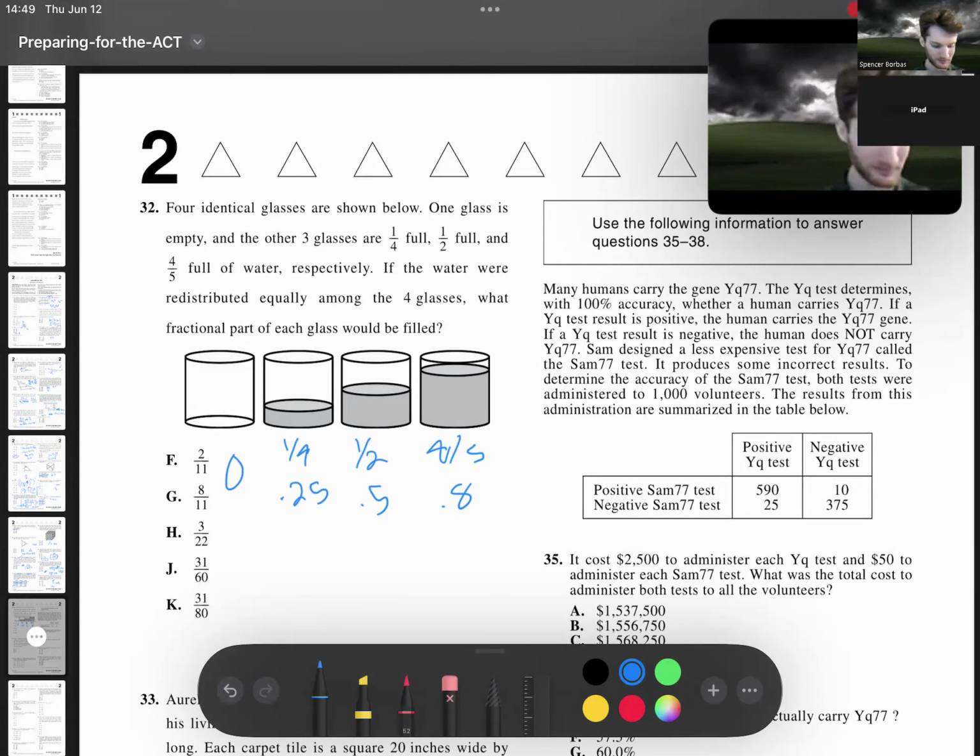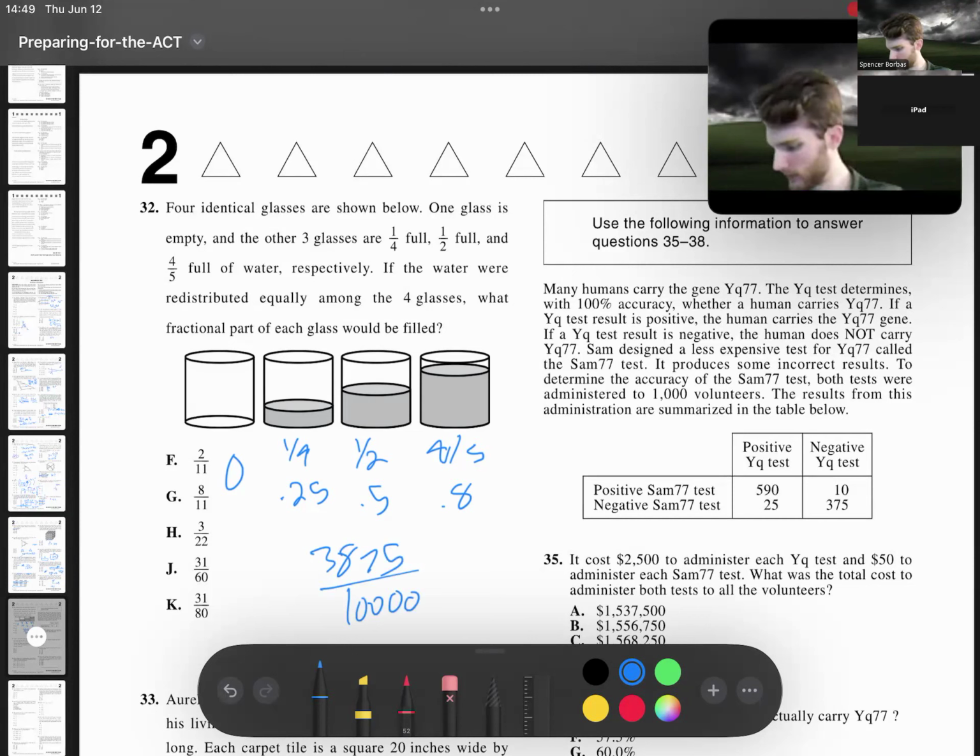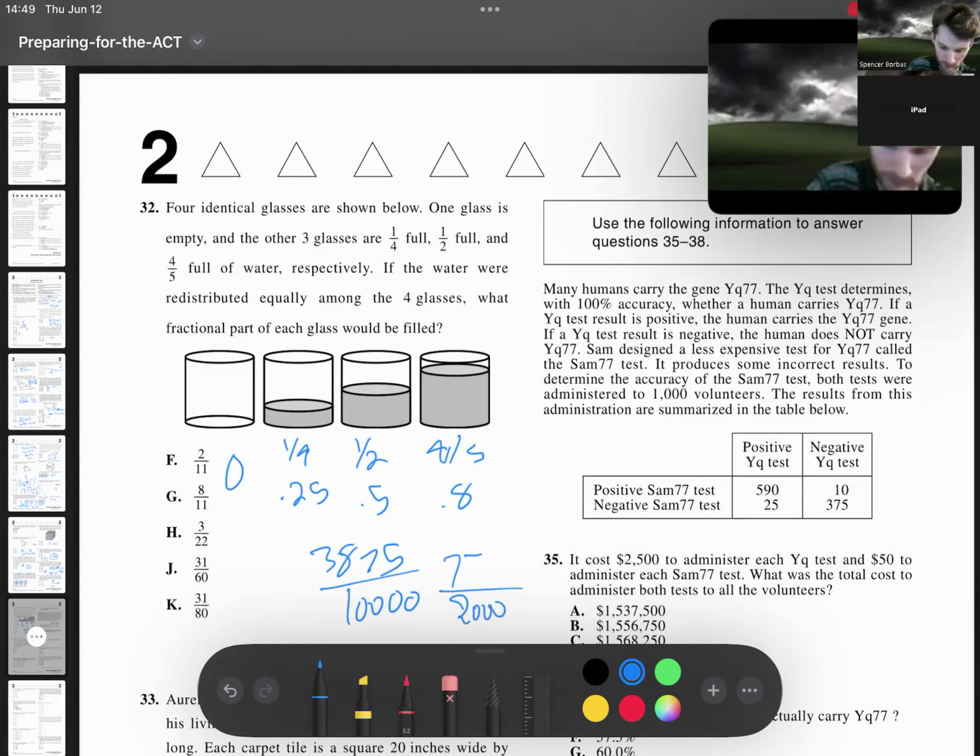Okay. 3875 divided by 5 is 775. Right, divided by 5 again. 155 over 400.